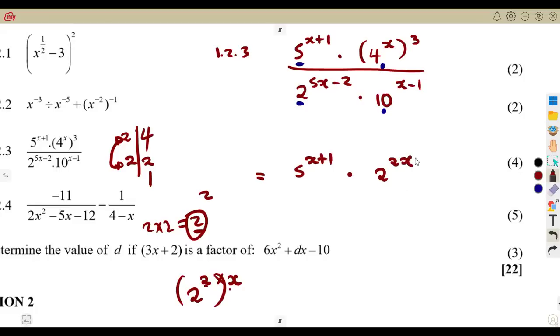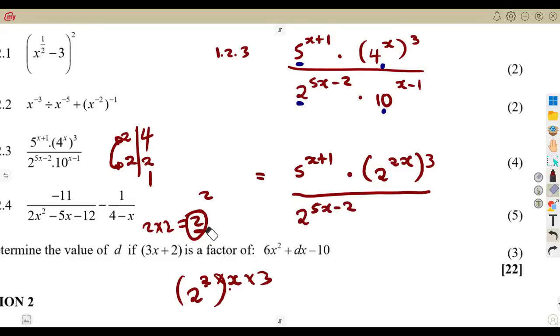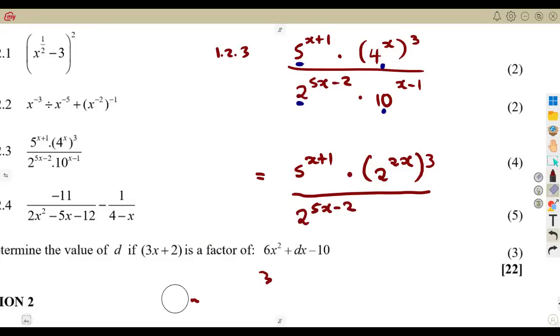That will be 2x raised to the exponent of 3, this one that is outside there. You could have multiplied them, all of them. You multiply even by 3 here. Still one and the same, but you can even leave it like this. Everything over what? The 2 is in the simplest form, remember? So just leave it like that. 2 to the exponent of 5x minus 2. It is already in simplest form.